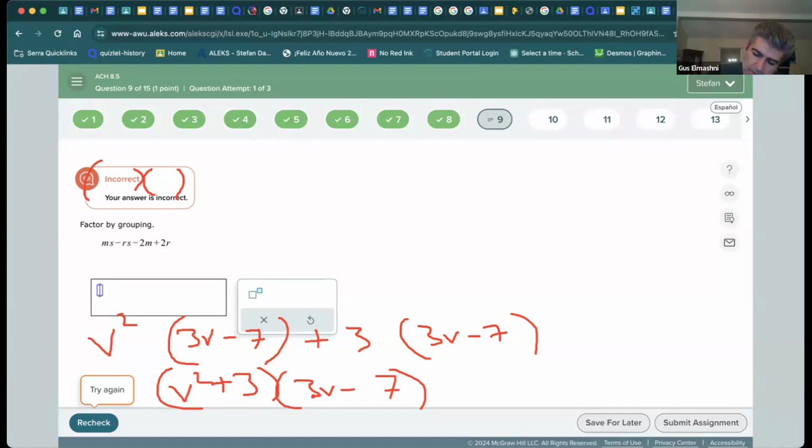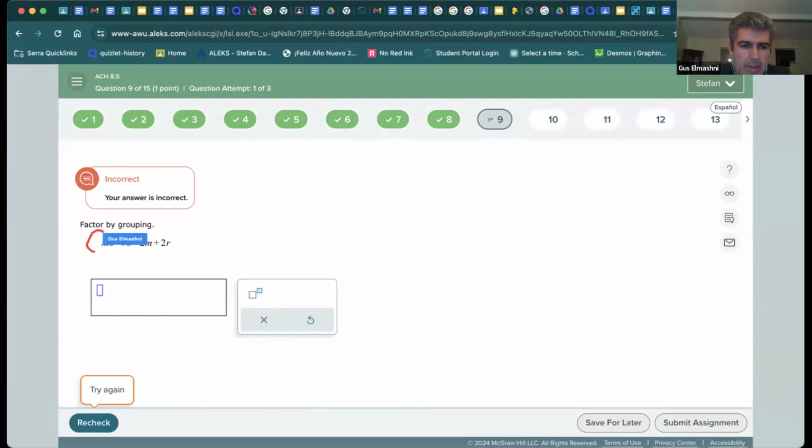Okay, let's move on to the next one. All right, so let's see here. Same thing, factor by grouping. So I can't take anything out for the first group, actually, hold on, I'm covering it, aren't I? Yeah, there's an S, my bad.